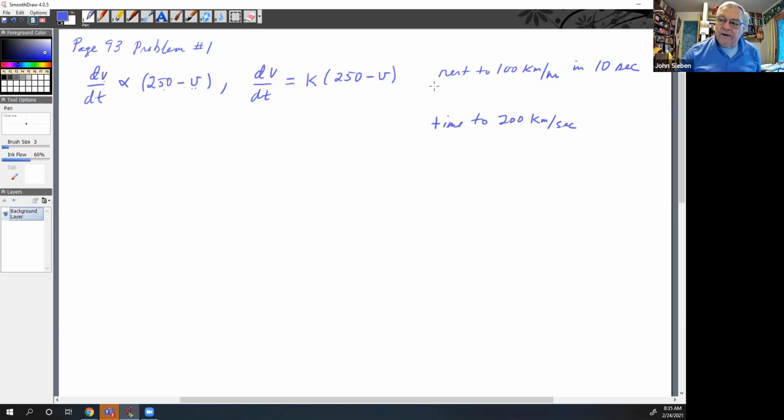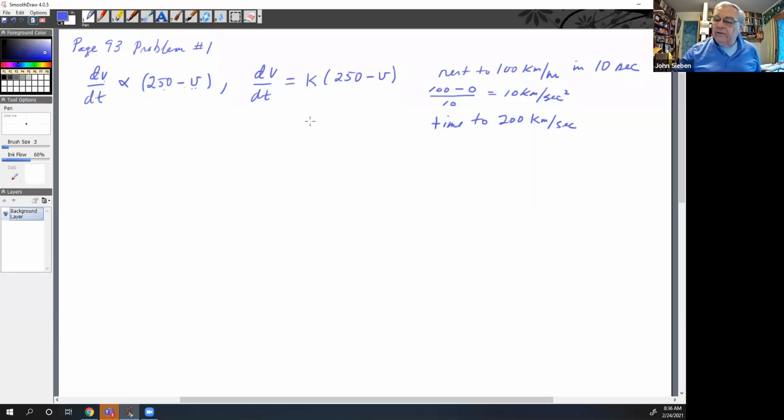So at least the average acceleration over the first 10 seconds would be the velocity at t equals 10 minus the velocity at t equals 0 divided by my delta t, which would be 10 kilometers per hour per second. So that may come in handy. That may come in handy later.